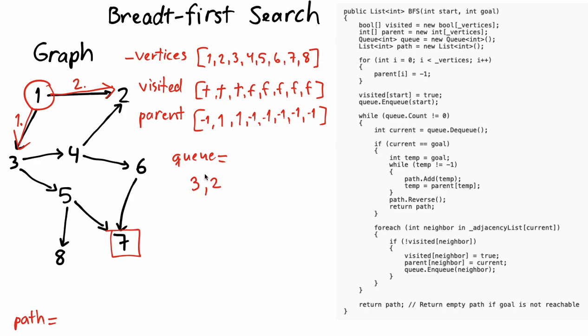So this queue is not empty, so we are going to set current to the next item in this queue. So now this one is current. So on our graph we move from number 1 to number 3. This one is our current value.